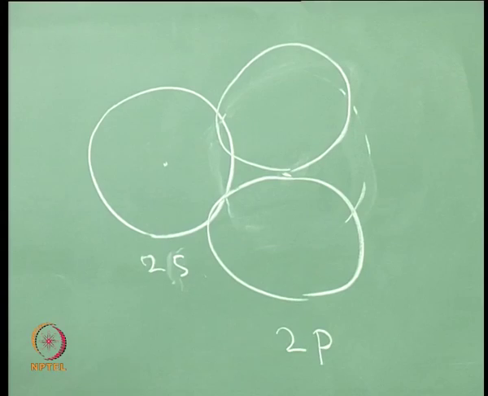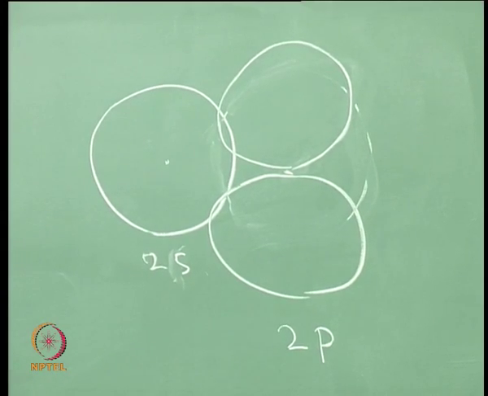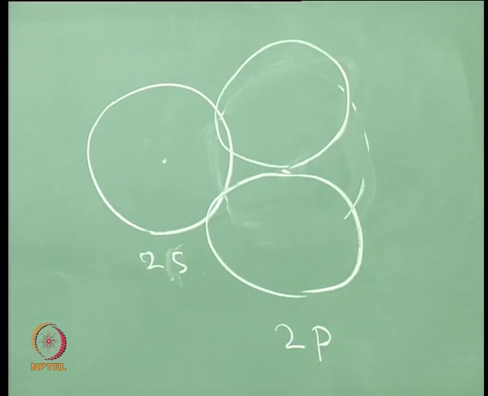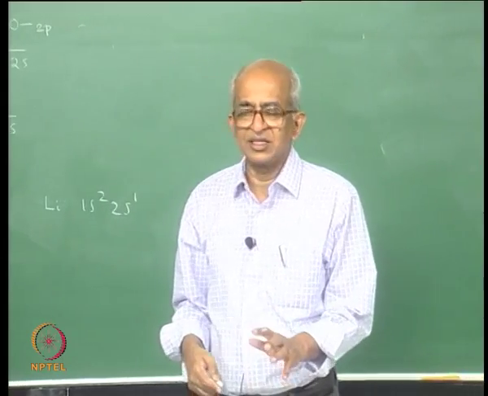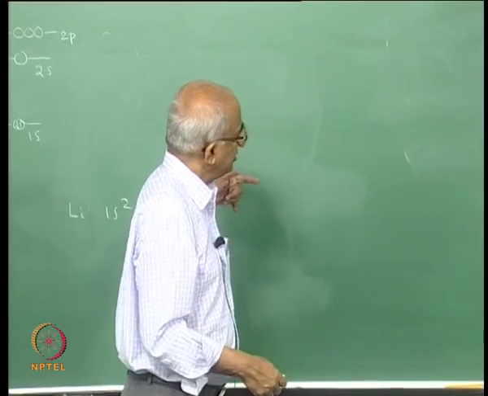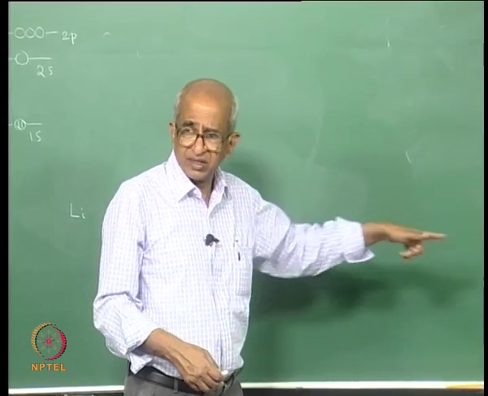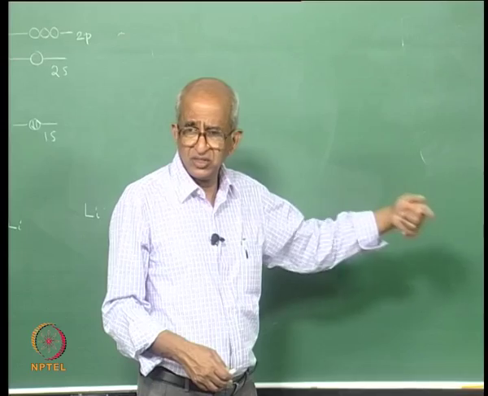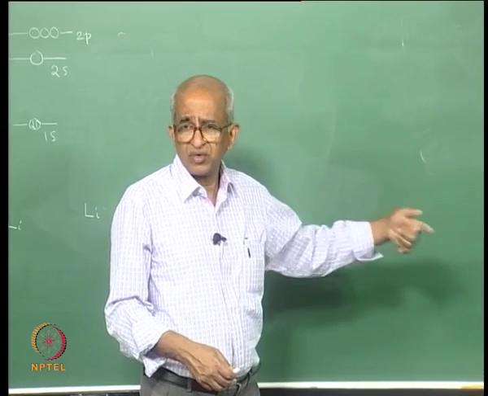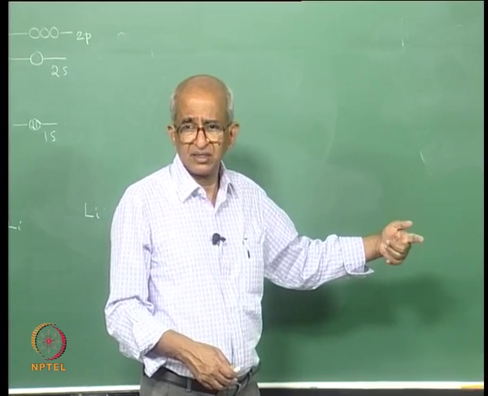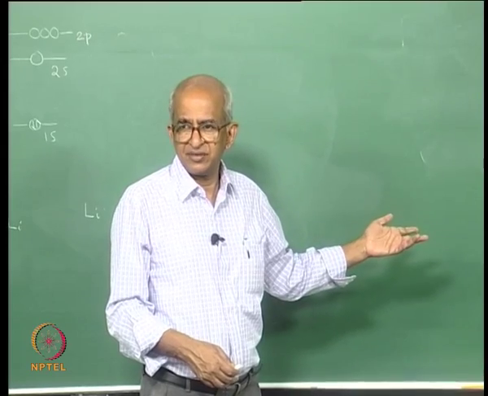So, I have to say which orbital I am thinking of, and the tradition as far as diatomic molecules are concerned is to say that the intermolecular axis, the line joining the 2 nuclei, is taken to be the z axis.